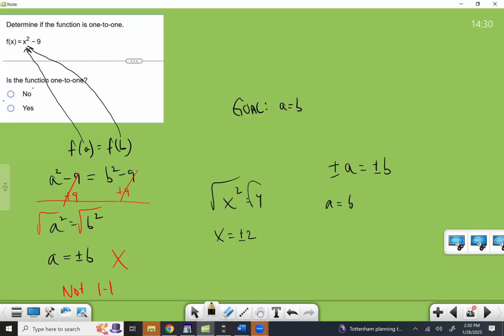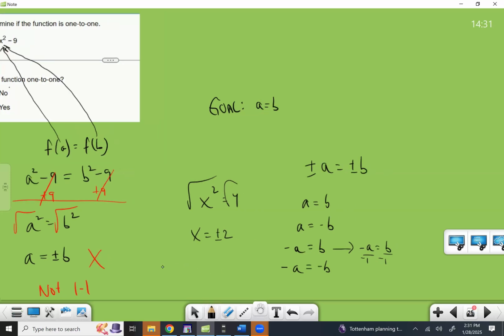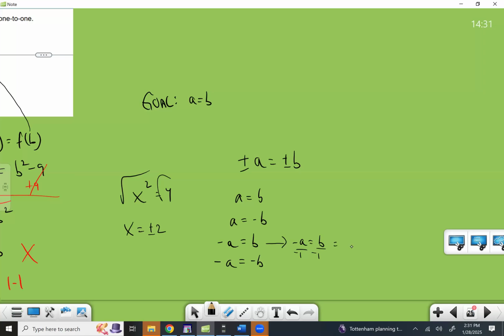Positive A equals positive B, positive A equals negative B, negative A equals positive B, negative A equals negative B, right? Well, if you were to take, let's say this case right here, and you were to divide both sides by a -1, you end up with, let me scoot the screen over a little bit, A equals negative B, which is already here, okay?